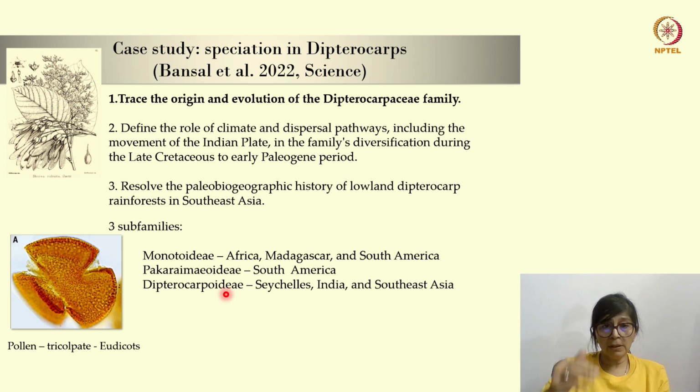Okay, so the middle one is Pakaraimoideae, which predominantly occurs in South America, and Dipterocarpoideae, which, as you can see, occurs in Seychelles, India, and Southeast Asia, with Borneo being one of the most biodiverse for this family.